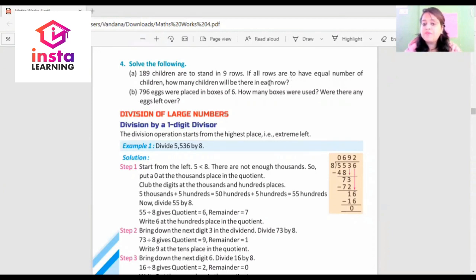So you have to divide all the children equally. 189 divided by 9, put the sign of divide and you will get the answer.